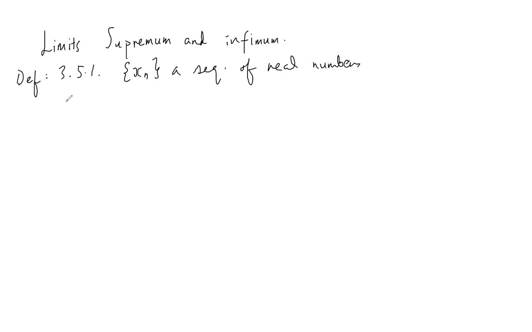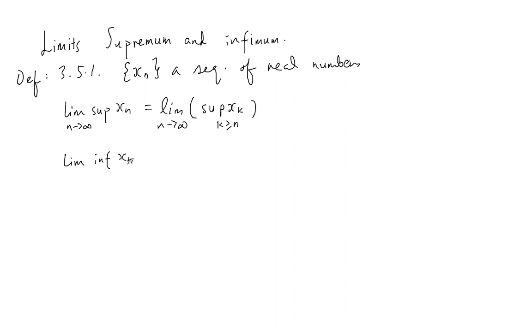So we will say the following. Lim sup, limit supremum, we will usually just say lim sup. When we write lim sup of xn, we mean the following. We have another one, limit infimum, lim inf, which is defined as the following.